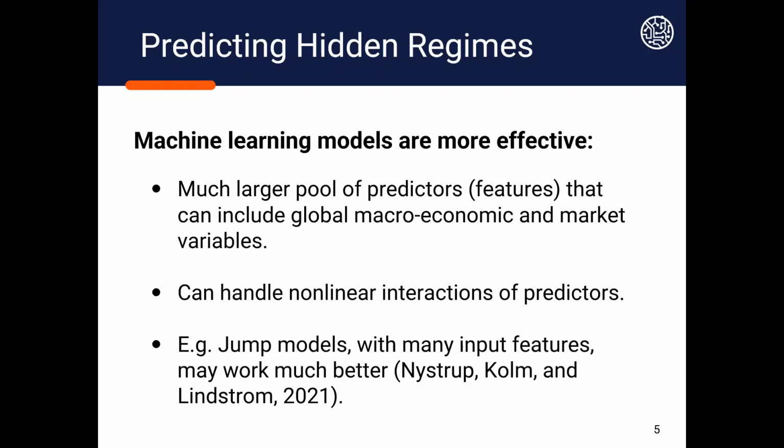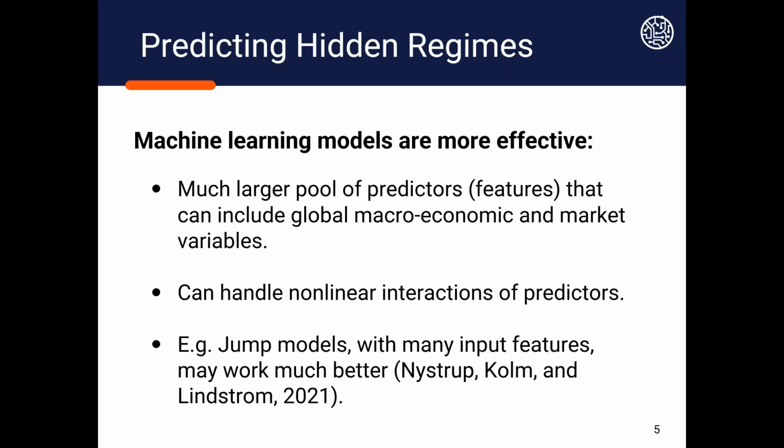So here we have a known technique that can take care of many of the deficiencies of traditional models. And one example where regime prediction was actually quite successful is to apply what are called jump models. It is kind of a generalization of the hidden Markov model, except that it allows many input features, far from simply using prices or returns as input.